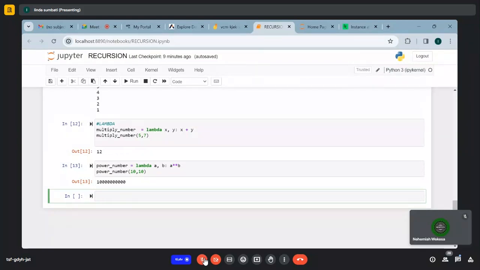So simply, the map function is an inbuilt function provided by Python, but you can use it while using the lambda function. So let's see how that works. The map function.